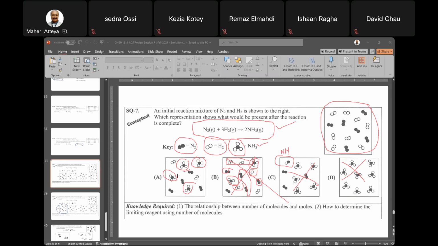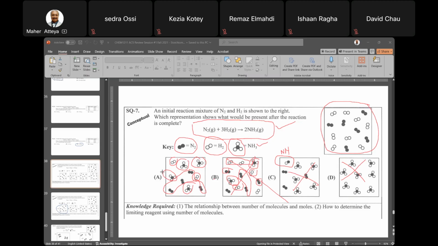And you have four of nitrogen here. And then you have 2, which is this one here and this one here, of hydrogen. So the relationship between the moles will be what? 3 to 2, correct? 3 to 2.